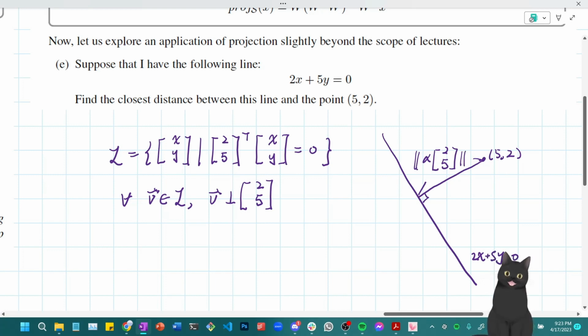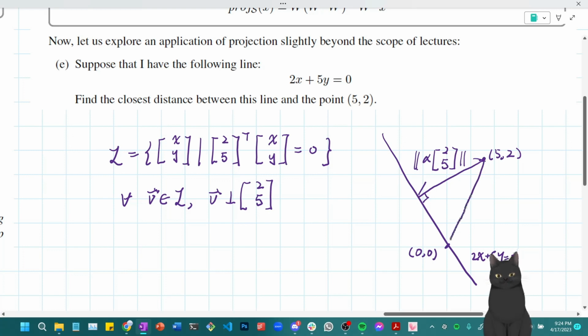So let's look at what we can do here. Say that we know that this line is supposed to pass through the origin, because 0 plus 2 times 0 plus 5 times 0 is also 0.